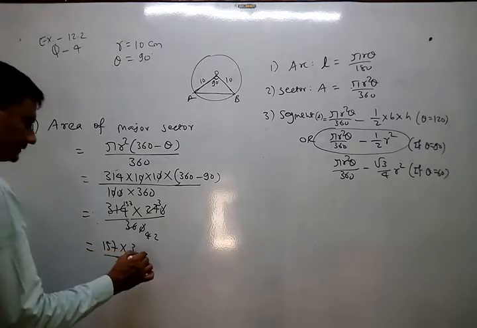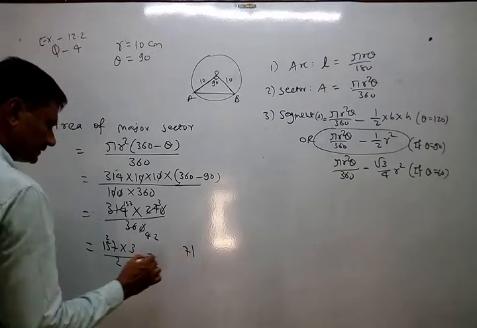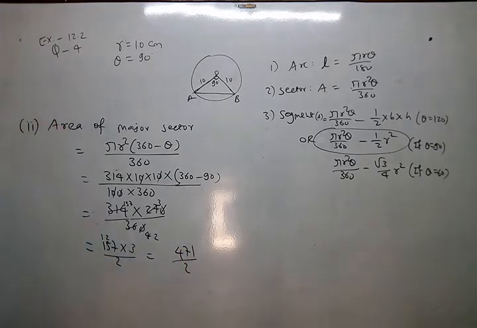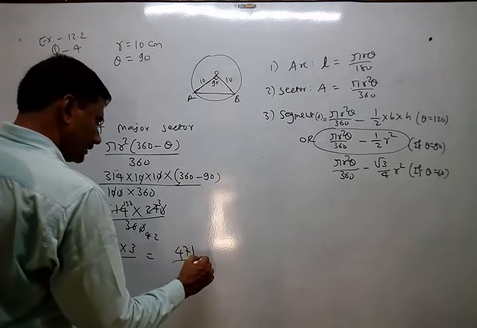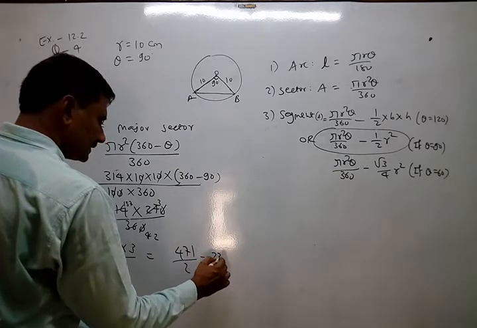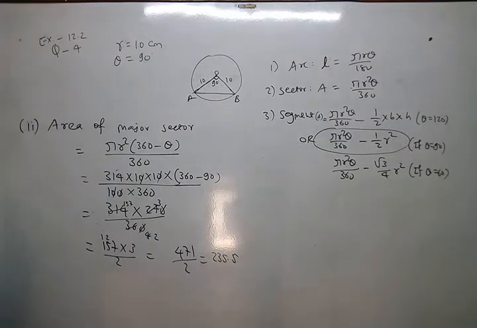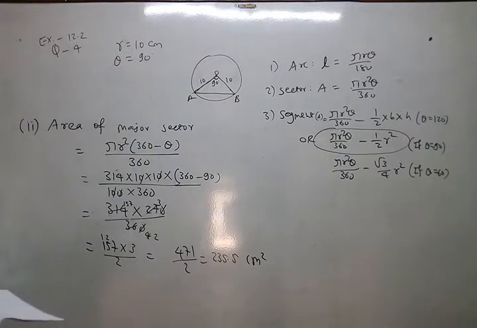So 7 3s are 21, 5 3s are 15 plus 2 is 17, 471 upon 2. Now 2 2s are 4, 2 3s are 6, 2 5s are 10. So 235.5, again centimeter square or square centimeter, both are same.